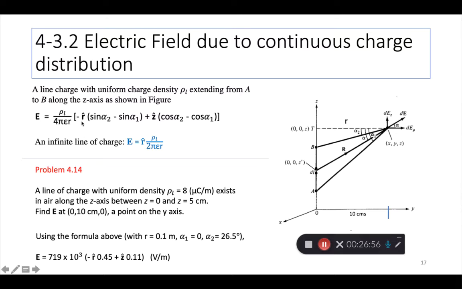So you'll always notice any formula for E, it involves the charge density on the top, and then you have this 4 pi or 2 pi, and then the epsilon always appears, and then r, which is generally the distance or radius if it is a round thing, and that also appears, followed by some vectors, unit vectors in one or more of the coordinates, okay.